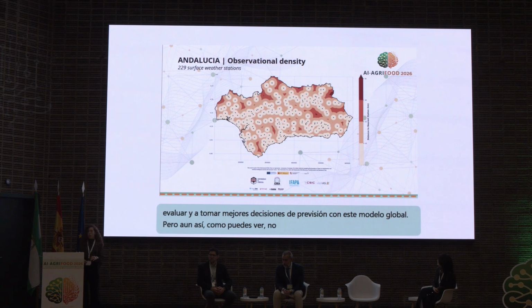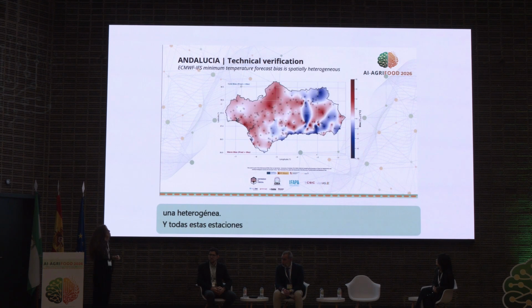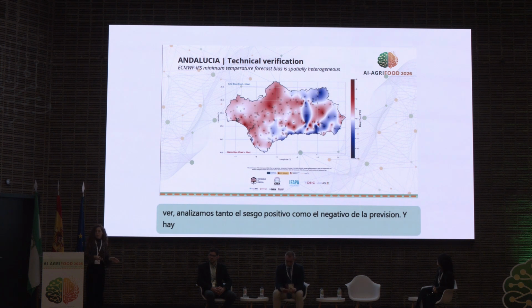There is a heterogeneous placement of all of these weather stations. Talking about another example, we are also analyzing the bias of these forecast predictions. As you can see, we analyze both the positive and the negative bias of the forecast, and there is a spatially heterogeneous forecast, both in sign and in magnitude.